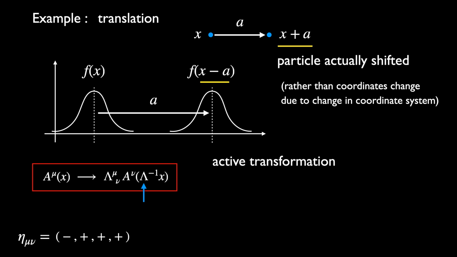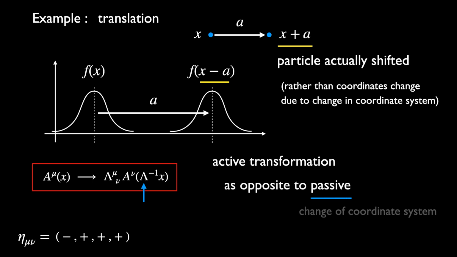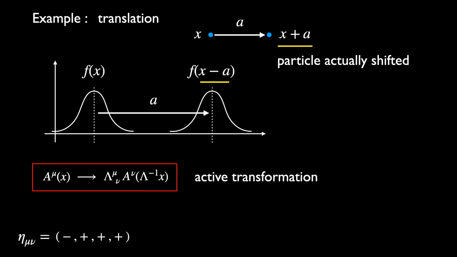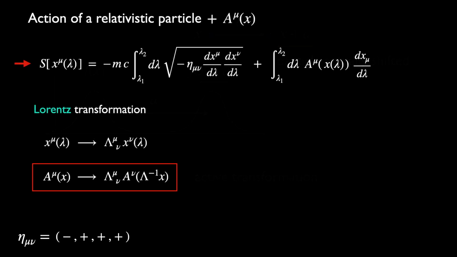In contrast, a passive transformation is a change due to the change in coordinate systems. Much of our discussion on general relativity later on in this course will be based on such transformations. Thus, if we have the location of the particle in the argument of the field, this should transform as the combination of these two transformations.